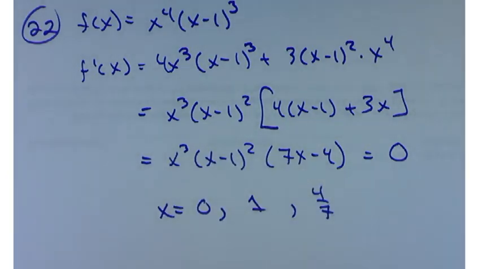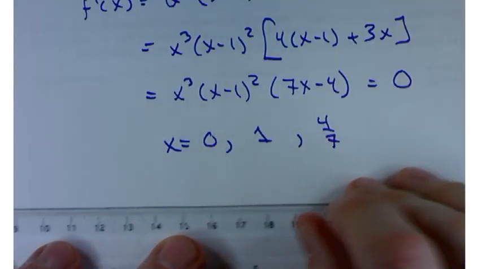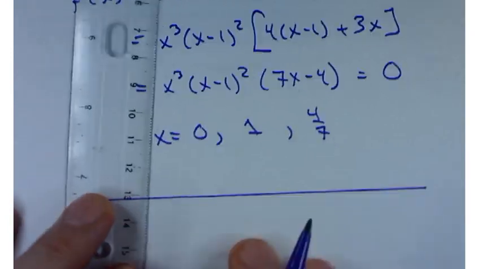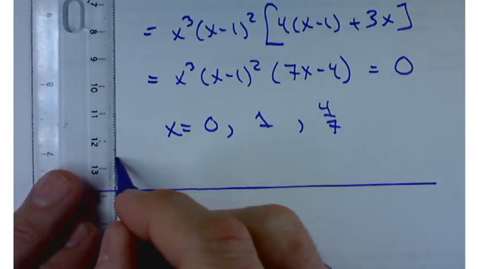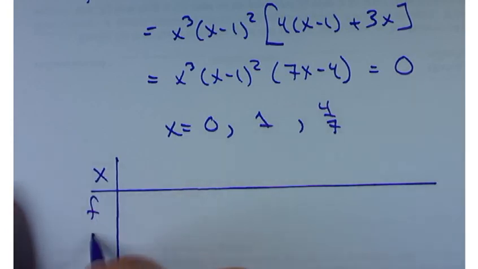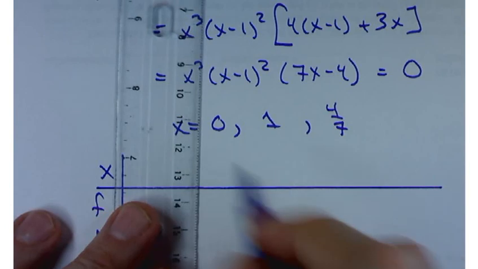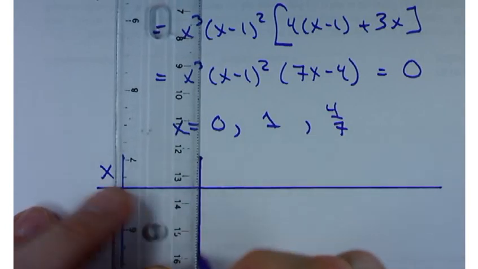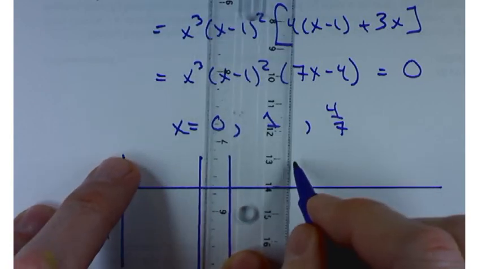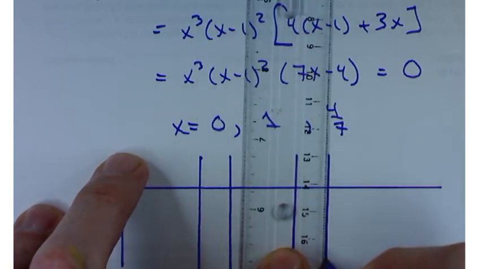Let's make ourselves a little table. Well, I didn't mean to do that. Let's see, x, f, f prime, and then I'm going to plug in values for 0, 1, and 4/7.